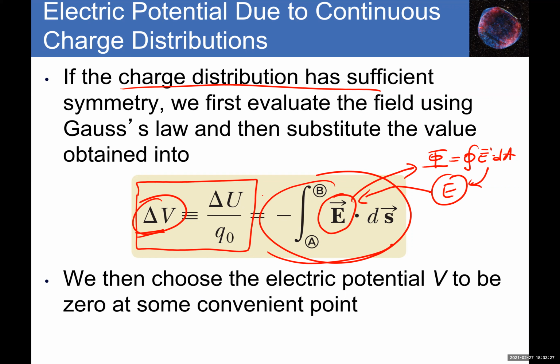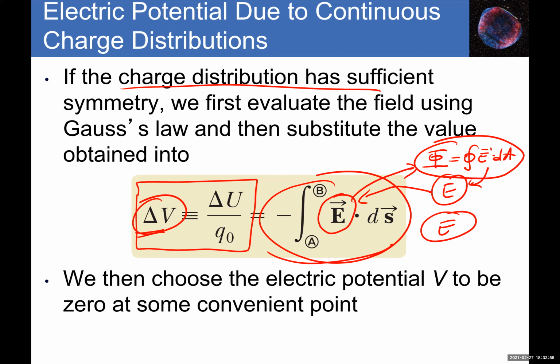But sometimes this equation requires me to know the electric field. Then the electric field I can find using Gauss's law, because Gauss's law gives us the electric field expression in a much simpler manner than, let's say, Coulomb's law for different continuous distributions, right? So when we're talking about Gauss's law, it was about how to find the electric field for those charge distributions. And that's what we do.